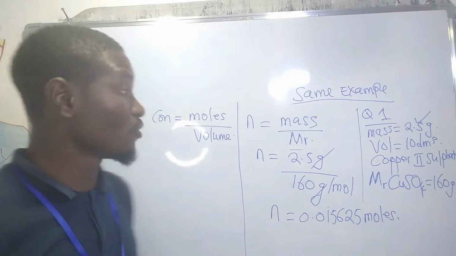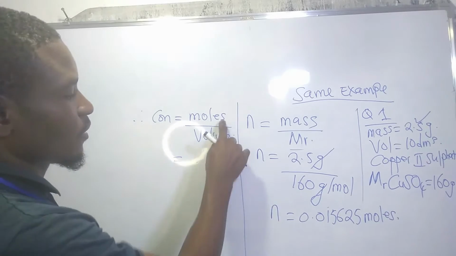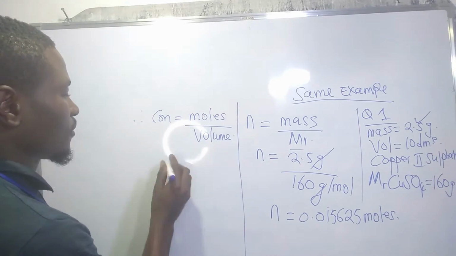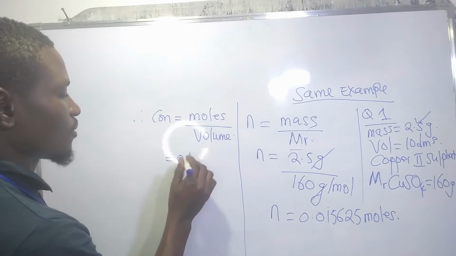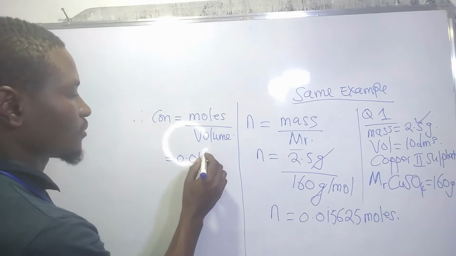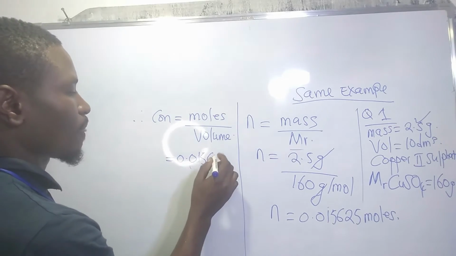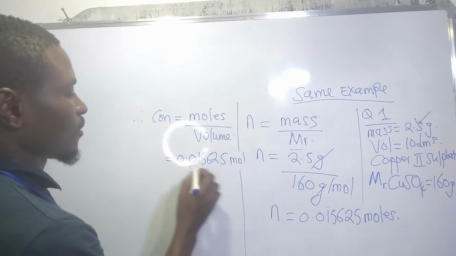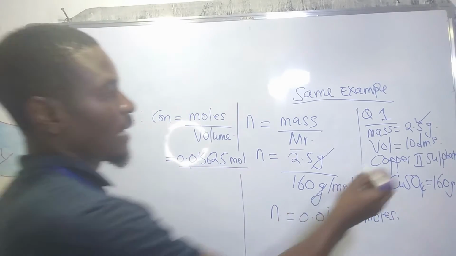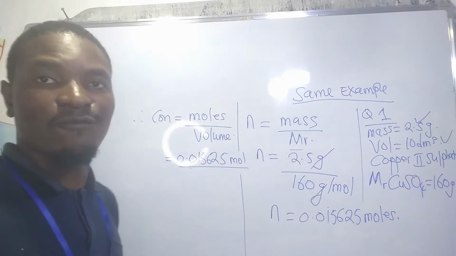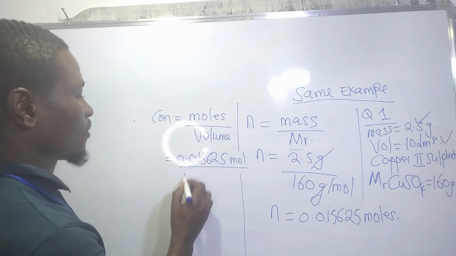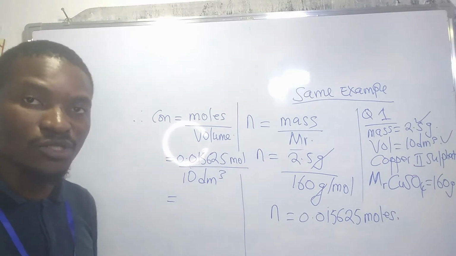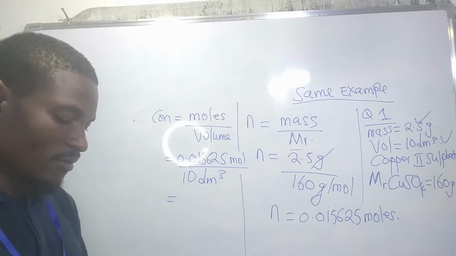So the moles you put is 0.015625, over the volume, which is 10 cubic decimeter. So what you do is you go to your calculator, then divide by 10.